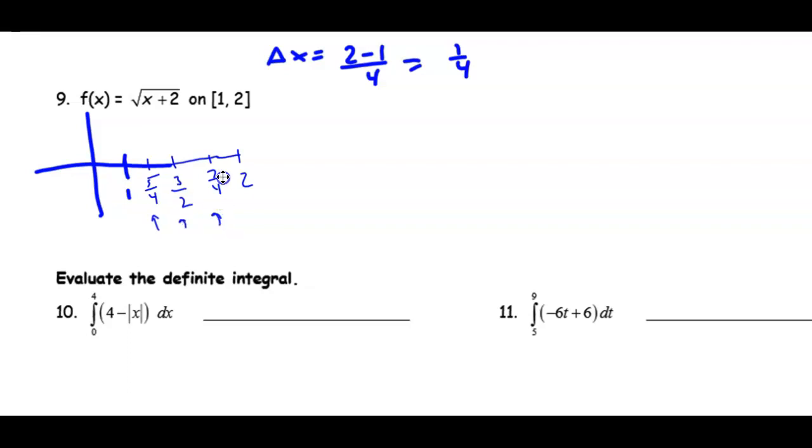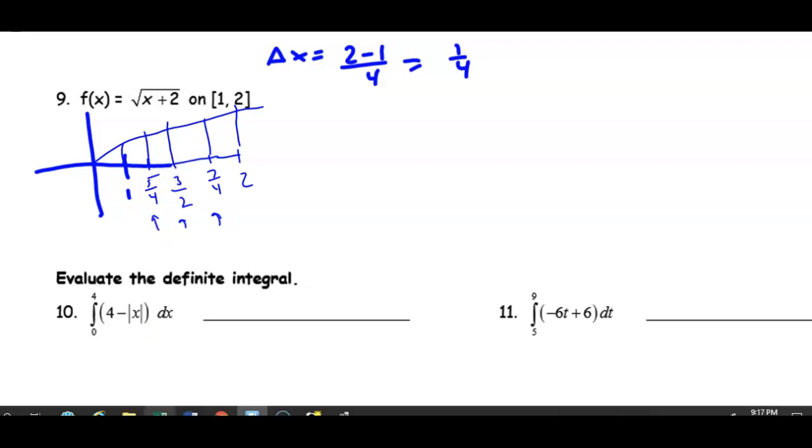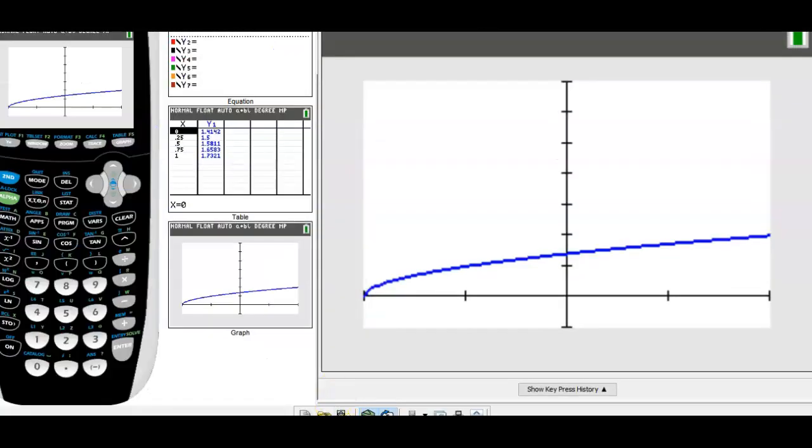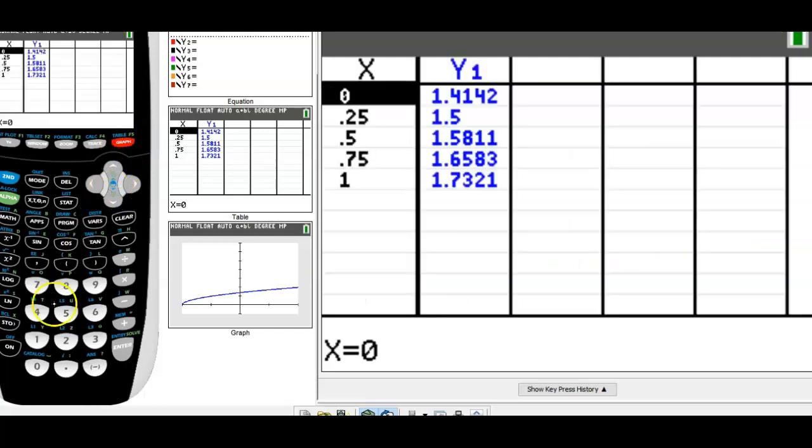All right, from 1 to here. So, oh, and it was this. All right, so one of those heights. So let me go back to the calculator. All right, so we have 1.